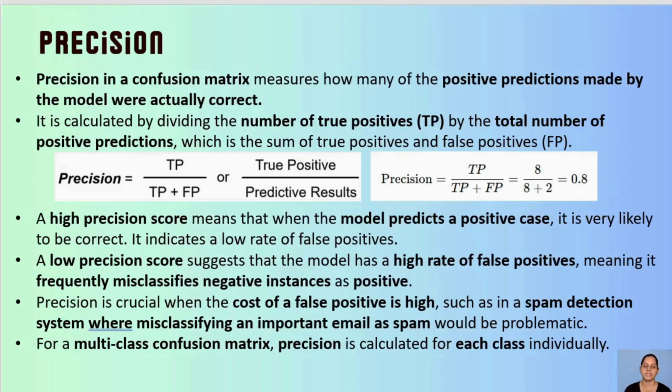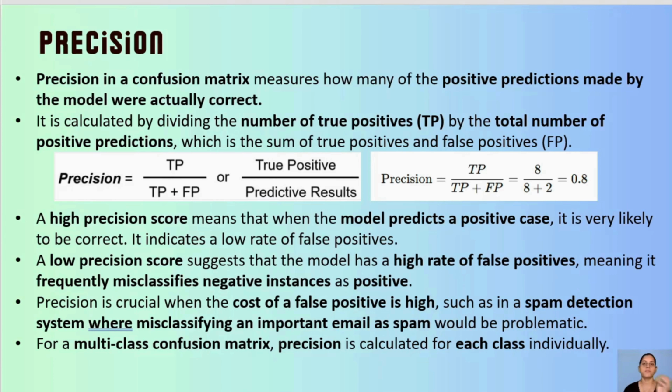What is a precision, guys? Precision is a part of the confusion matrix which helps in measuring how many positive predictions made by the model were actually correct.